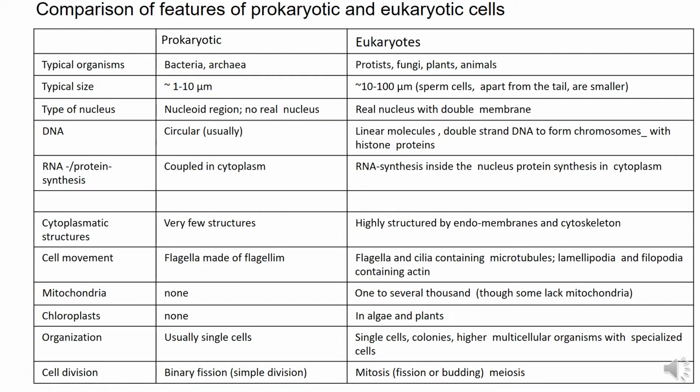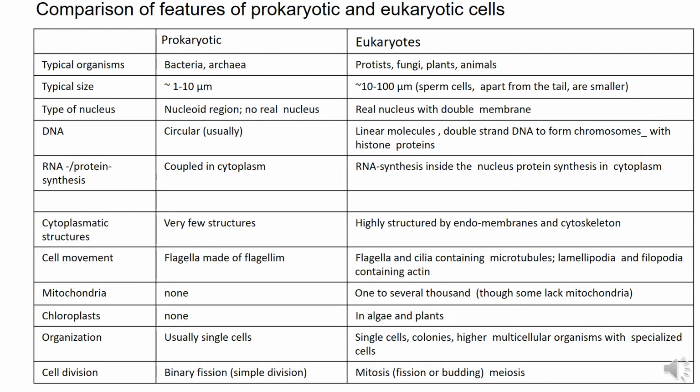Cytoplasmic RNA and protein synthesis: coupled in the cytoplasm in prokaryotes; in eukaryotes RNA synthesis is inside the nucleus and protein synthesis in the cytoplasm. Cytoplasmic structure: very few structures in prokaryotes, highly structured by endomembrane and cytoskeleton in eukaryotes.